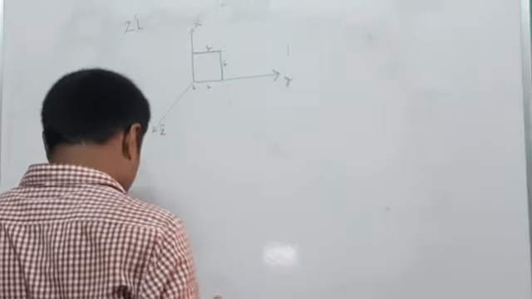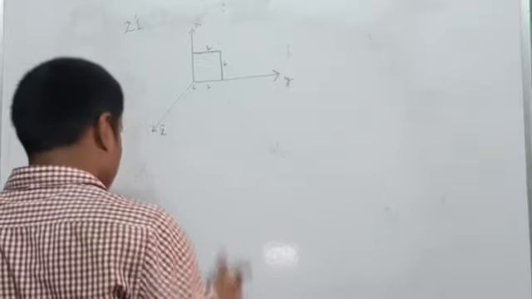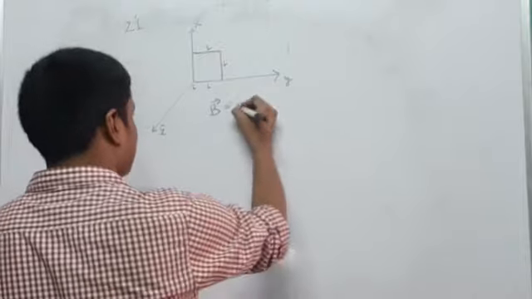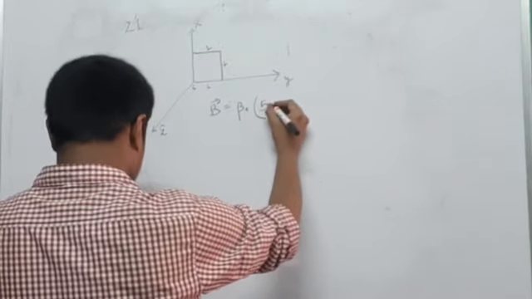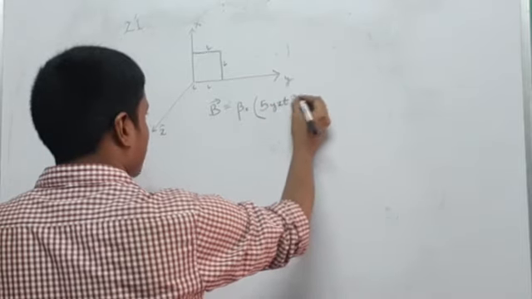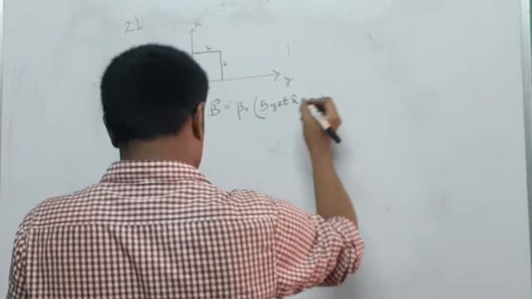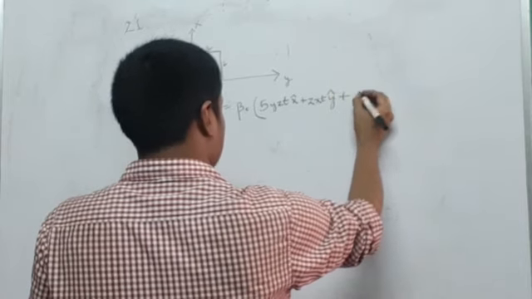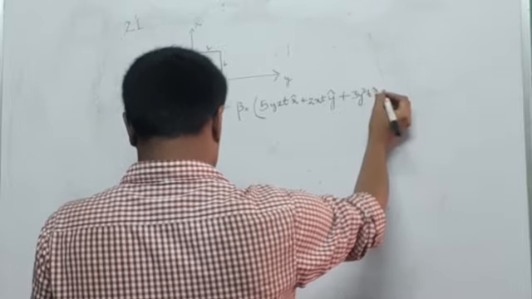Now it says that there is a changing magnetic field that is applied. The magnetic field looks like this. It's a function of x, y, and z. It says beta 0 times (y, z, t) x cap plus (z, x, t) y cap plus 3y squared t z cap.